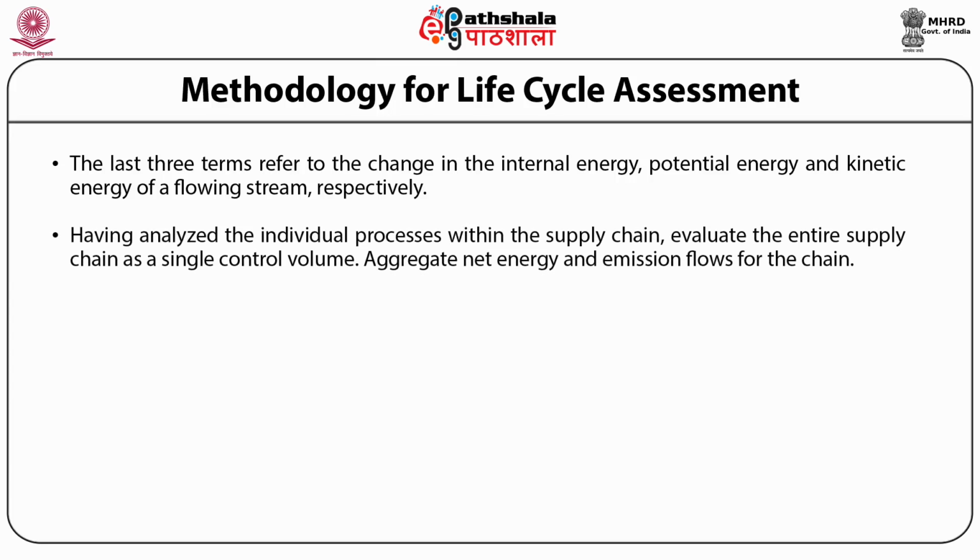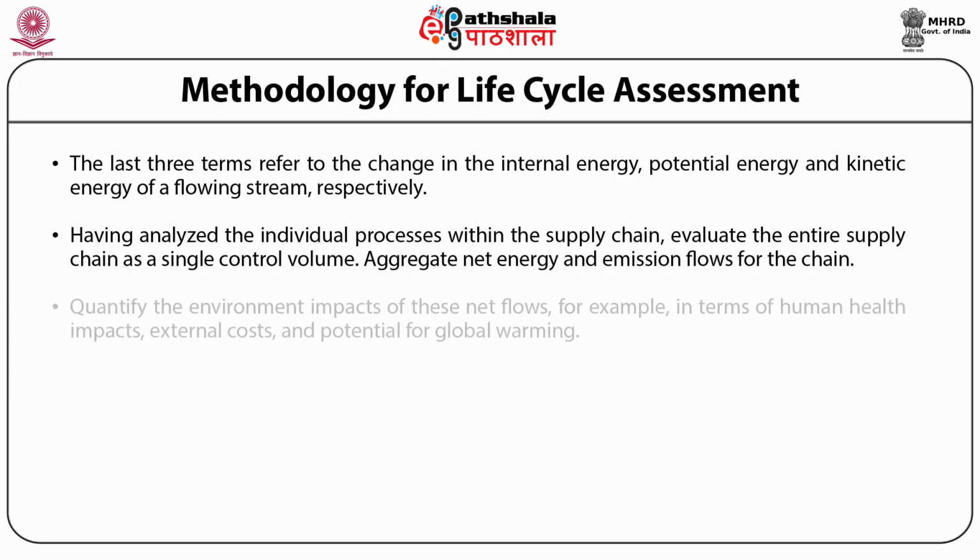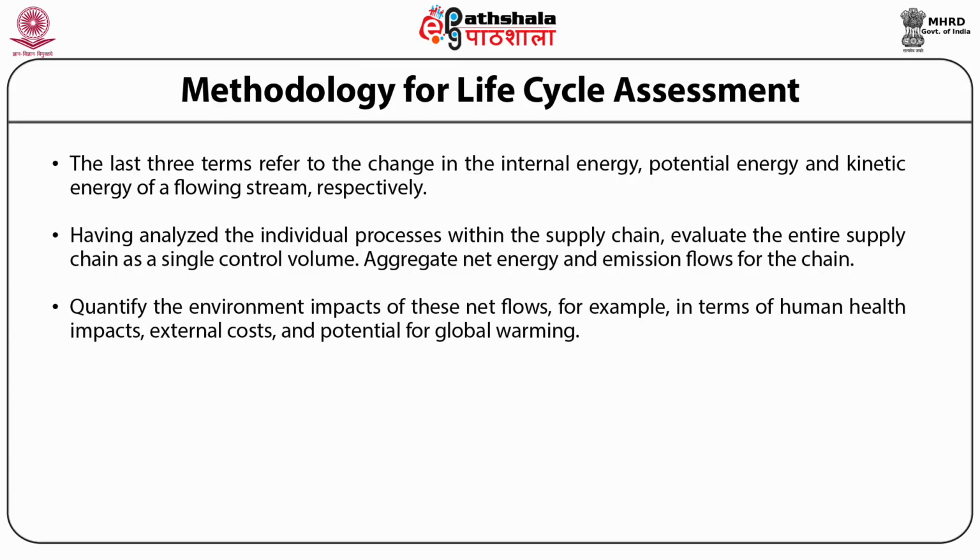Having analyzed the individual processes within the supply chain, evaluate the entire supply chain as a single control volume. Aggregate net energy and emission flows for the chain. Next, quantify the environmental impacts of these net flows, for example, in terms of human health impacts, external cost, and potential for global warming.